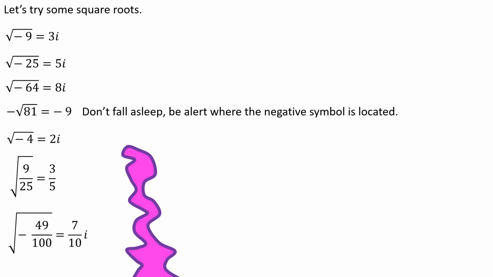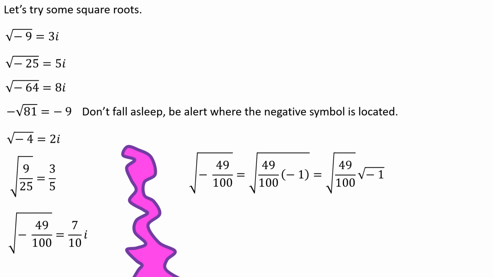Now, sometimes students are kind of looking like, well, gee, how come there's just one i when there's two different numbers in there? Okay, if I think about this, it's like I got the fraction of 49 over 100 times negative 1. And so when I do square root of 49 over 100, that's just going to get me 7 over 10.